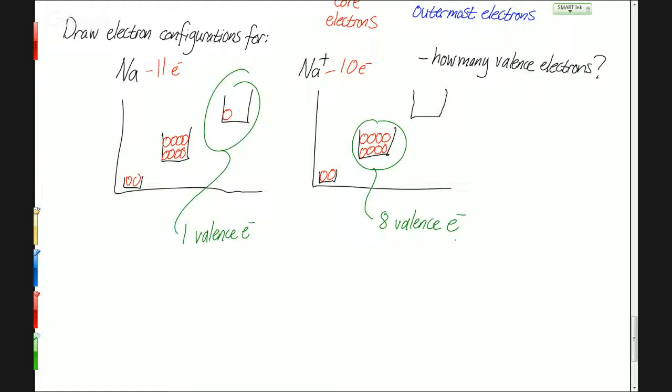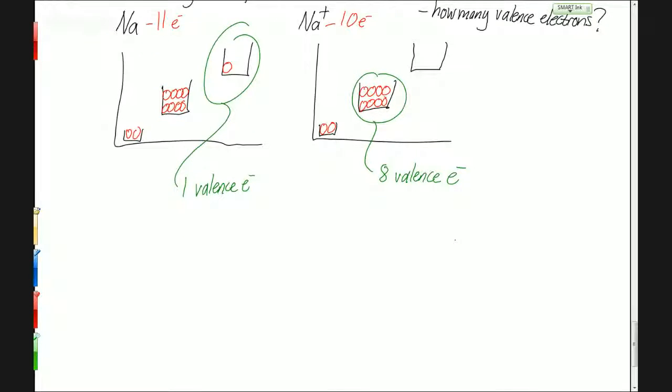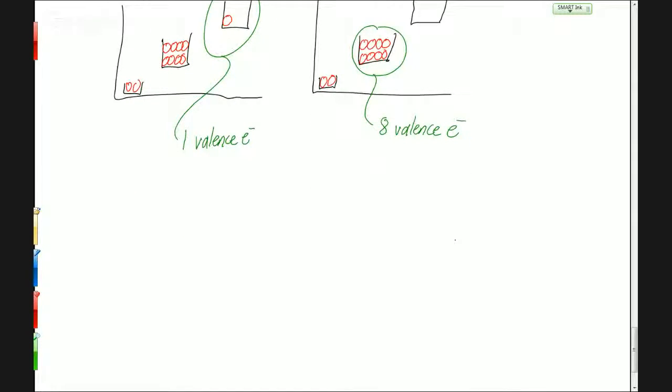So let's look at the difference between these two then. It totally changes the shell. Not only does it go from 1 to 8, but now the sodium ion has a full shell, a full bucket, a full valence shell of electrons. And that actually gives it a special type of stability. So we have a rule based on this, and it's called the octet rule.